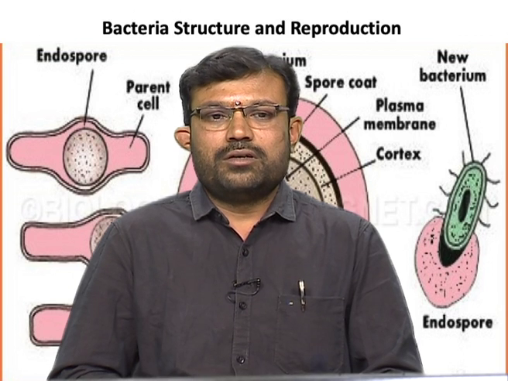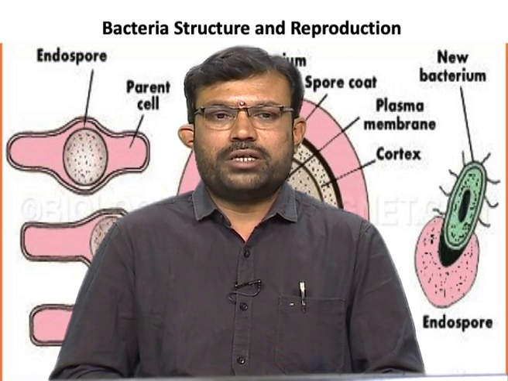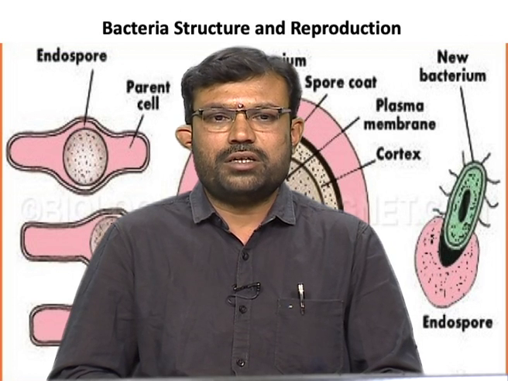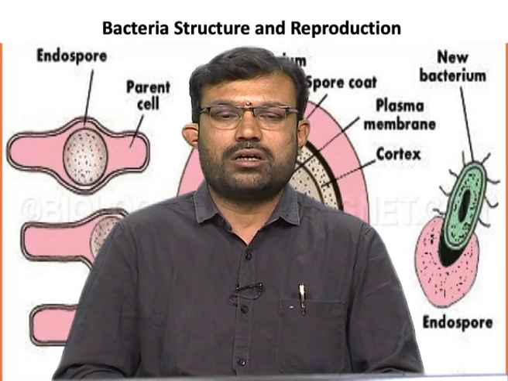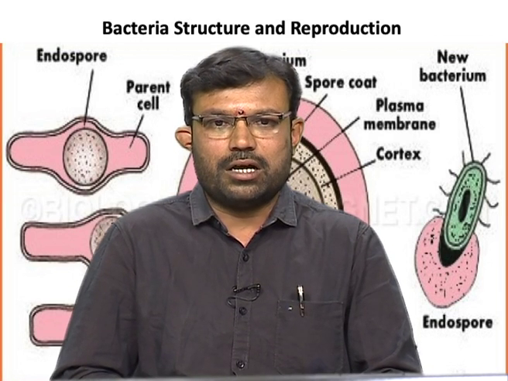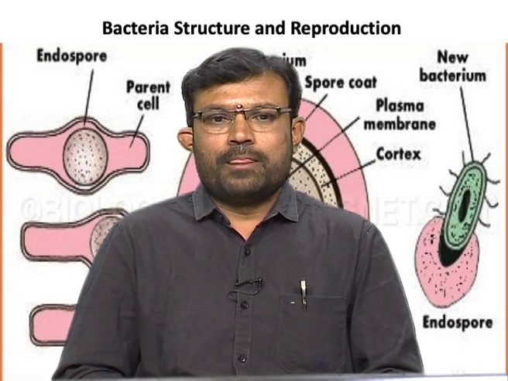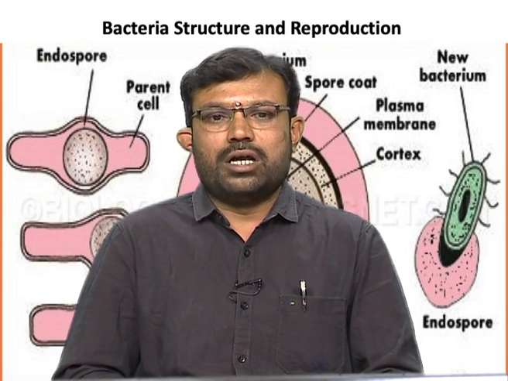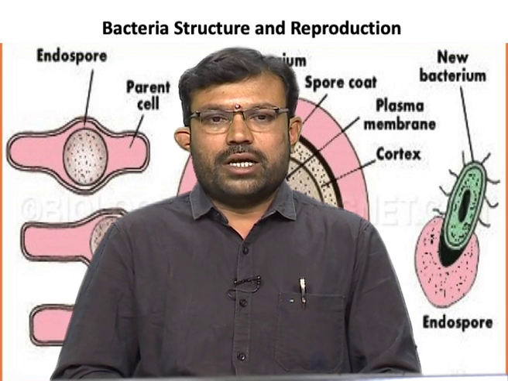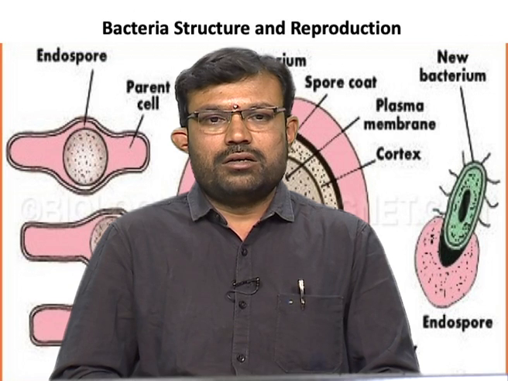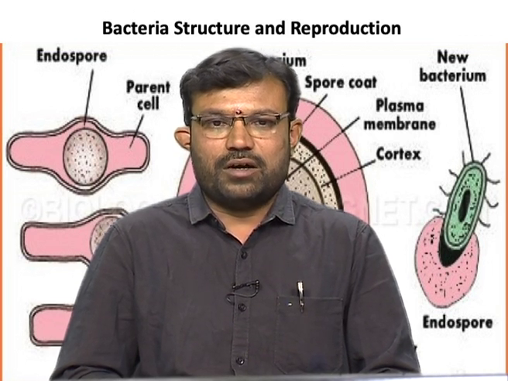It means based on the type of environment and nutrients available, such bacteria change their shape and structure. Such bacteria show a process called pleomorphism. Azotobacter is the best example of pleomorphic bacteria.